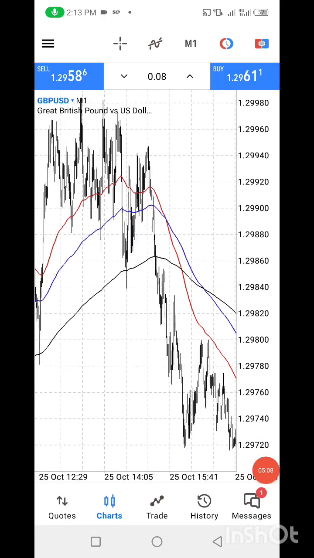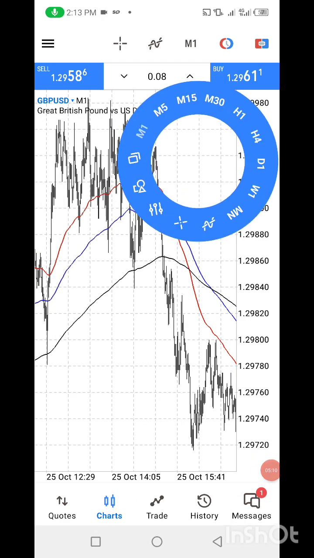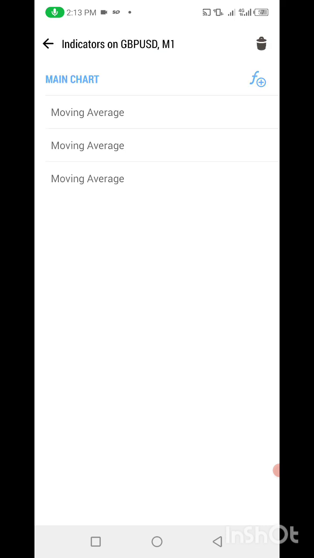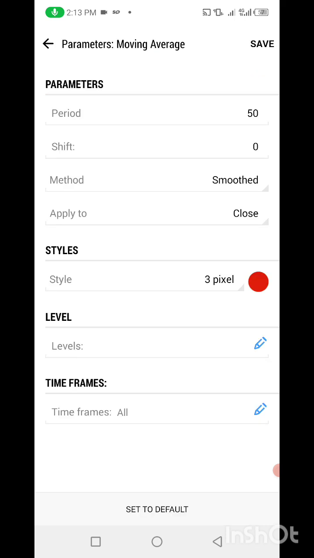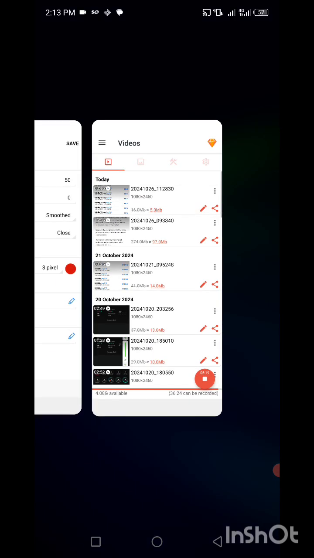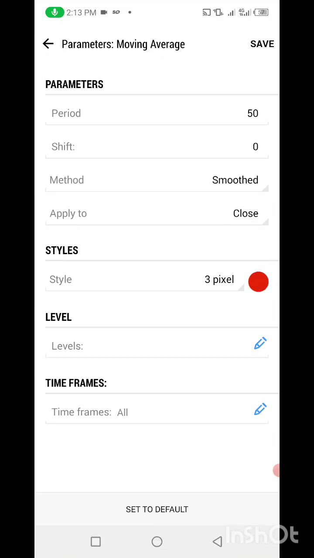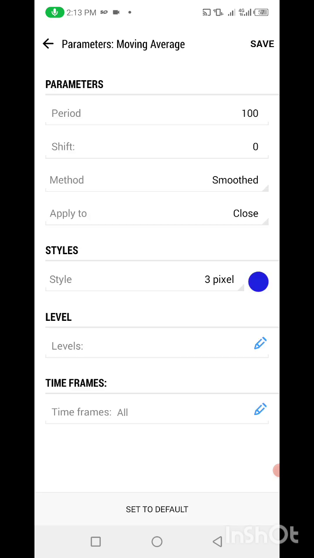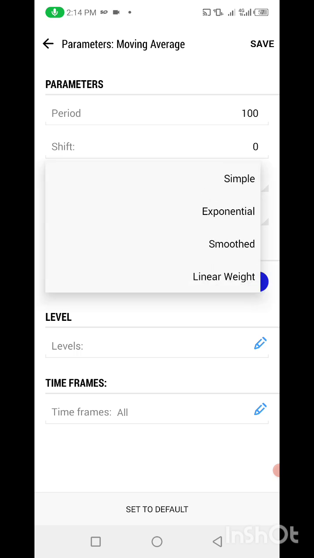Using 3 moving averages for this analysis, if you go to the indicator section, you see I have placed the 3 moving averages. One is moving average 50, the other is moving average 100, and the other is moving average 200, and all of them have these settings, set to exponential.